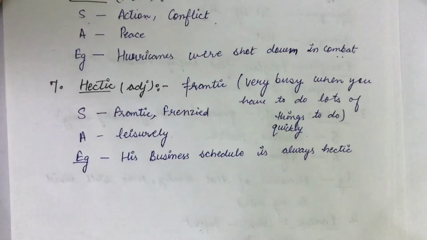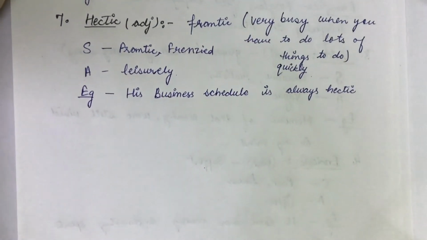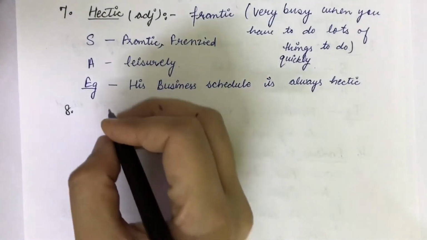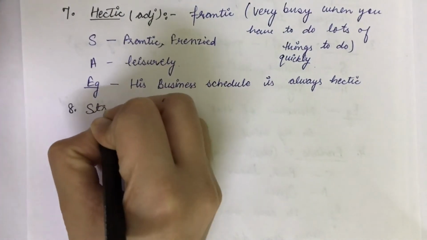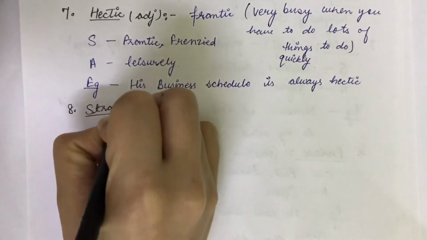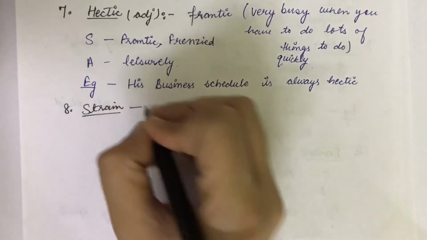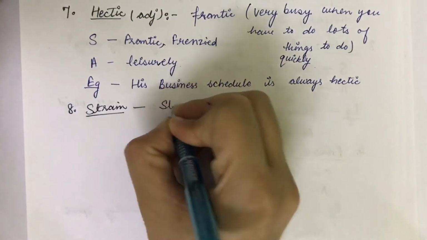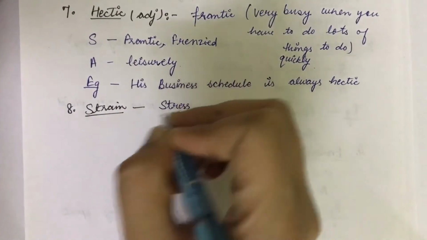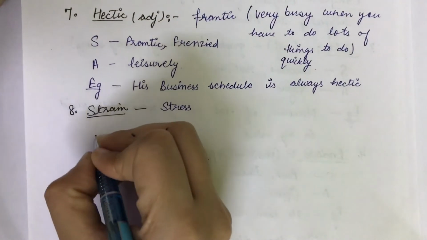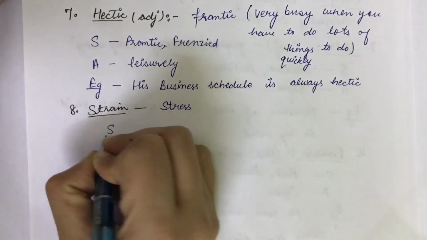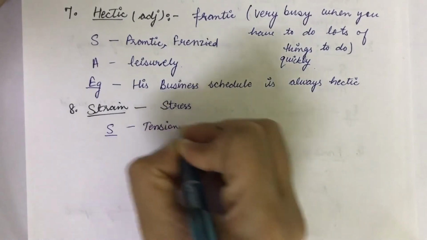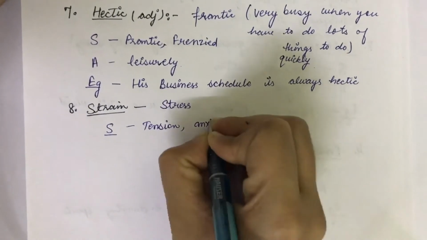Now moving on to the next word, which is strain. Strain basically means stress. What are the synonyms of this word? Tension, anxiety.